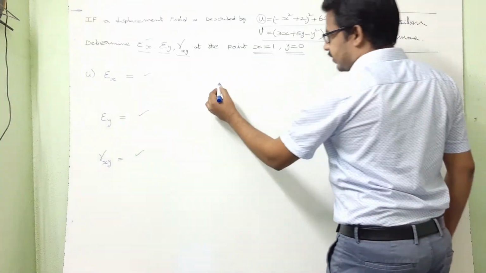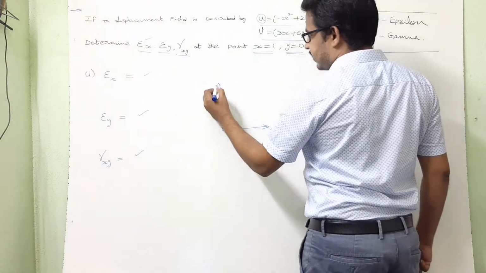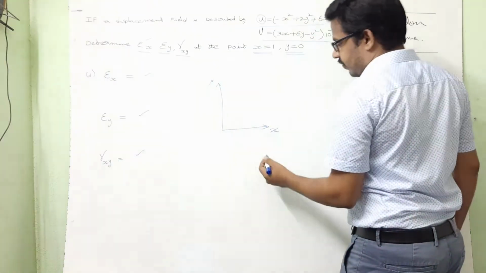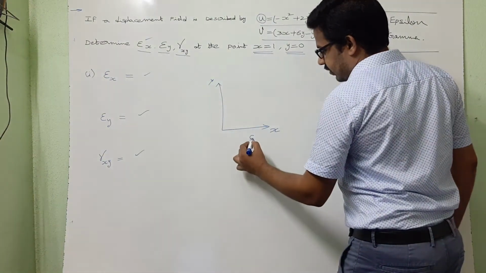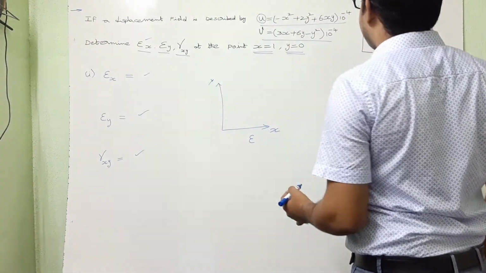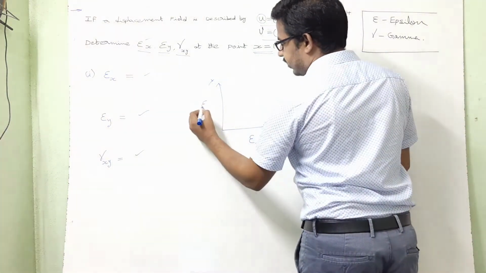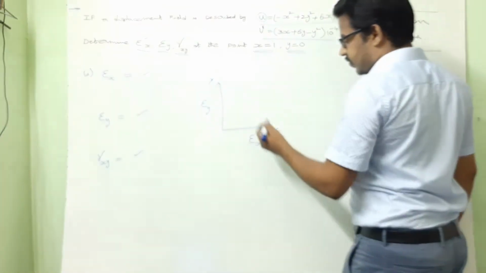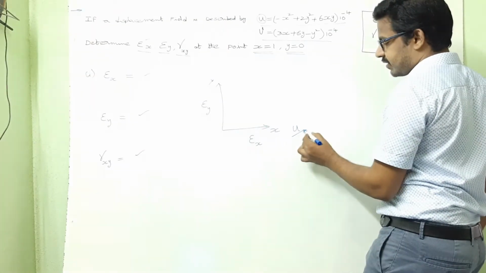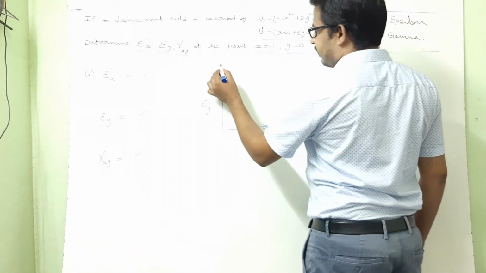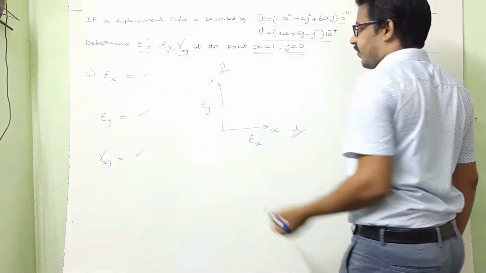So in this diagram, this is the x-axis, this is the y-axis. We can represent it as epsilon x and epsilon y. This is the horizontal displacement represented with u. This is the vertical displacement represented with v value.